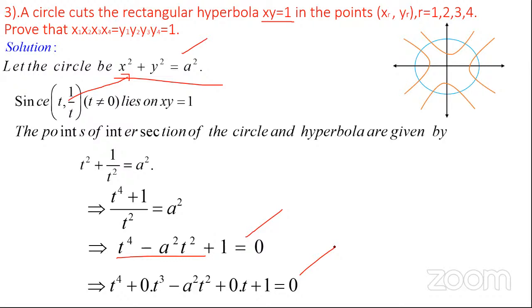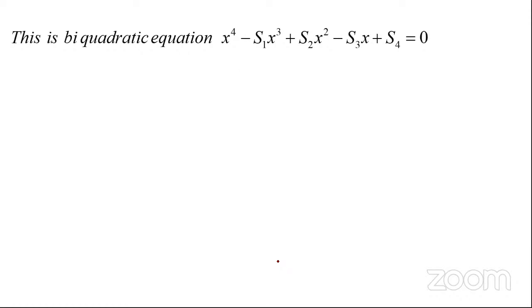So we know the theory of equations, the roots. How can you find the roots of the equations? If alpha, beta, gamma, delta are the roots of the equation, then that's why we are solving here. So this is a biquadratic equation: x power 4 minus s1 x cube plus s2 x square minus s3 x plus s4 equal to 0.